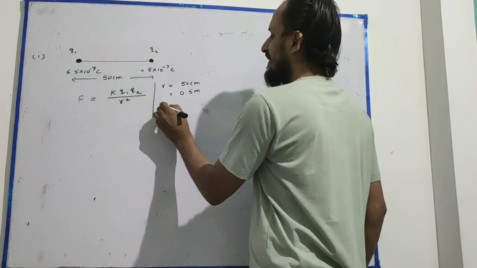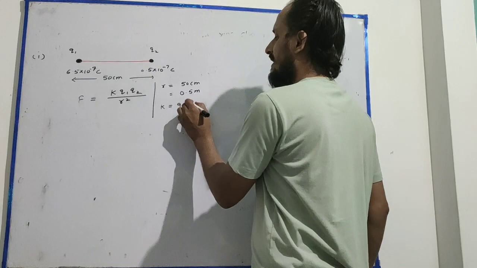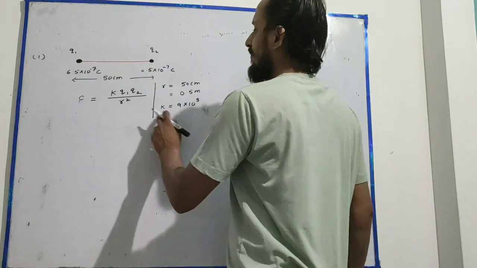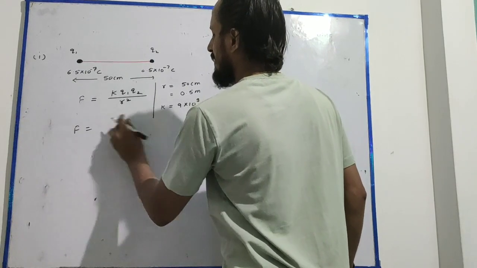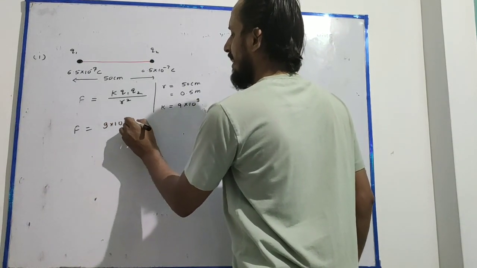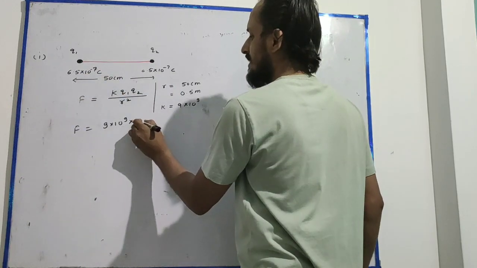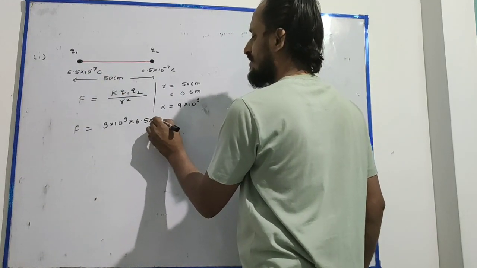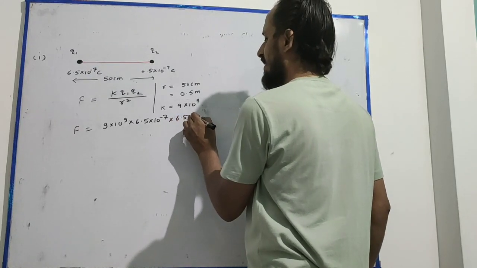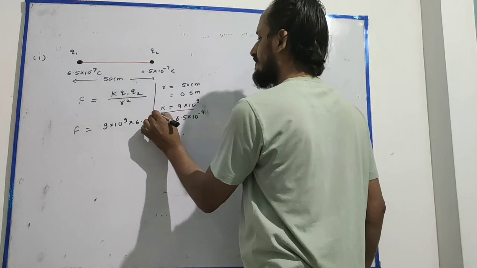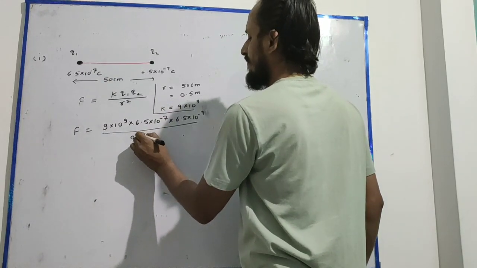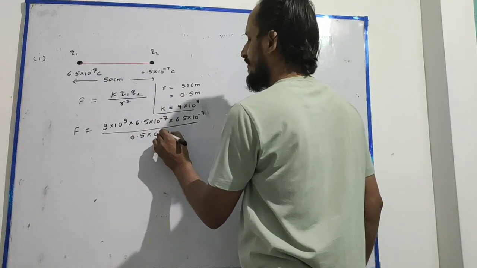Now the value of K, 9 into 10 raised to the power 9. So now if you put these values, F is equals to K, 9 into 10 raised to the power 9, Q1 6.5 into 10 raised to the power minus 7, 6.5 into 10 to the power minus 7, divided by R square, 0.5 into 0.5.